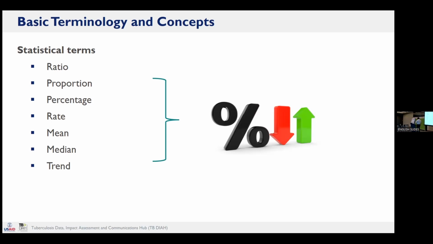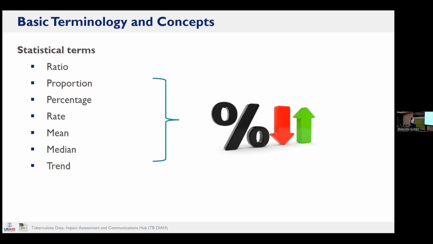So let's do ratio together. What is the formula for ratio in terms of X and Y? The formula for ratio is X divided by Y.